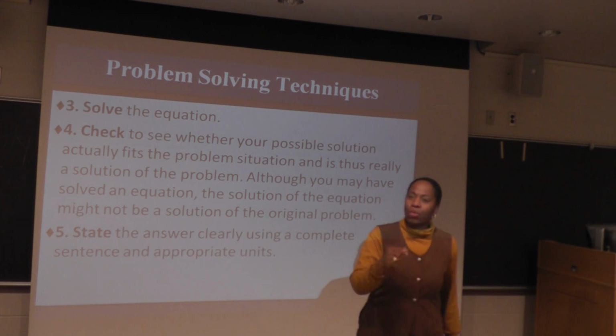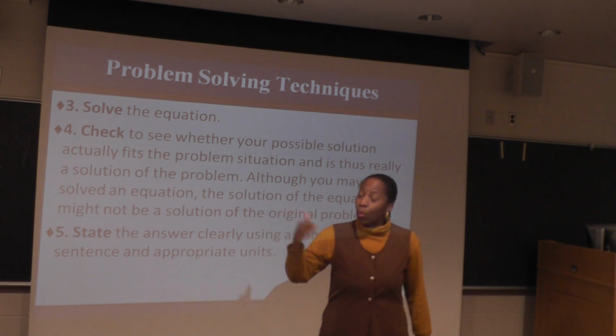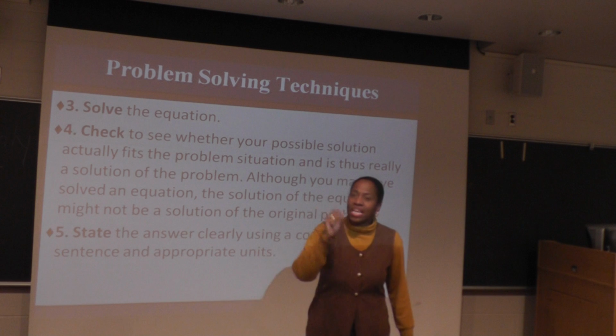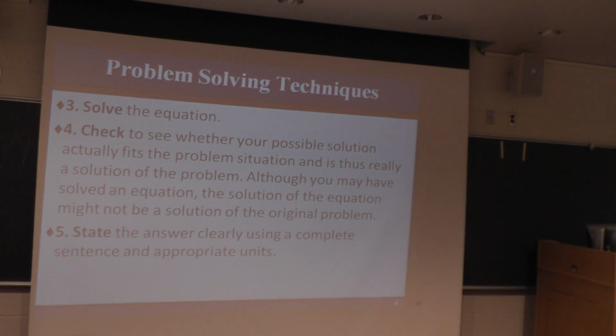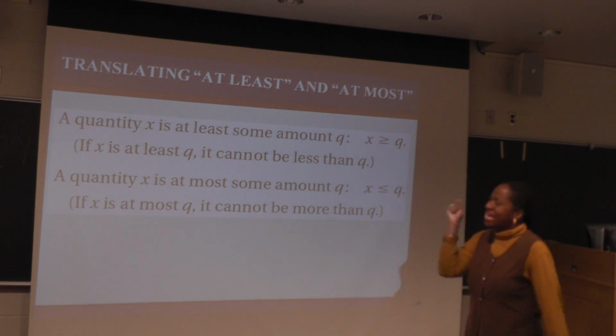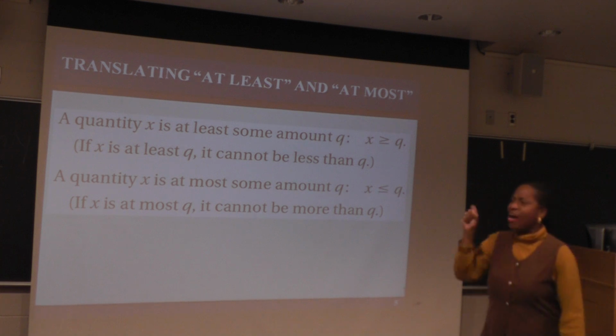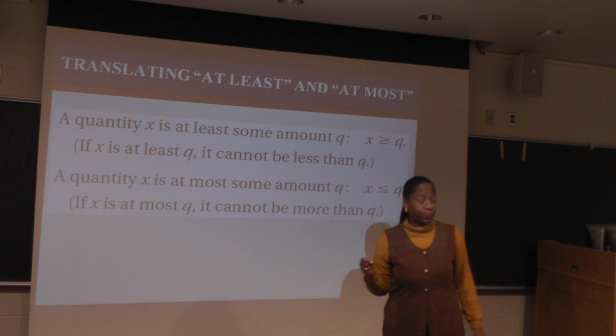So how many wives can he have if he can have at most 1? One or less. Yeah. Okay, so write that down. Many times intuition leads you on the right path, but sometimes it can lead you on the wrong path. So you need to make sure you understand how to translate at least and at most.